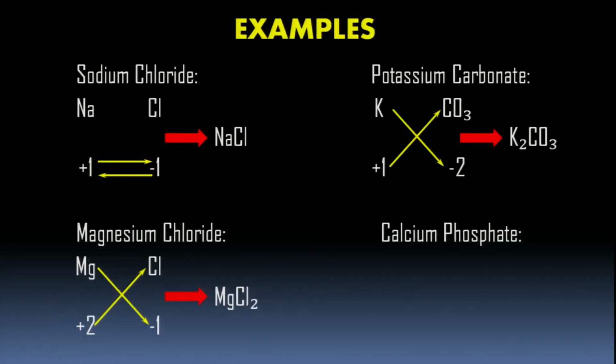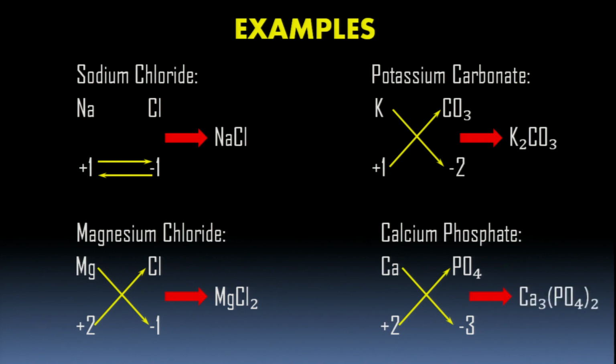If you see it carefully, you will understand very easily. Calcium phosphate. Calcium valency +2. Phosphate, you remember? PO4, yes, it's 3 minus. Now the swapping is there. See here, calcium. What will be the formula? Yes, Ca3 and PO4 whole twice. Why whole twice, children? Because this 2 is for PO4 as a whole, so we put a bracket.